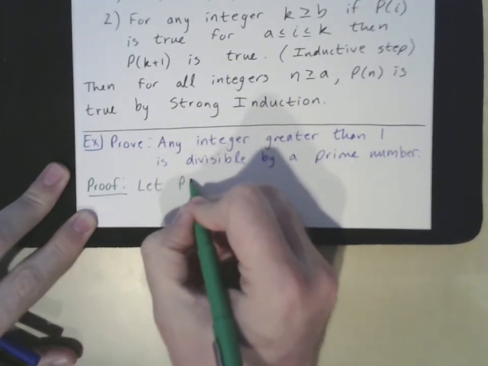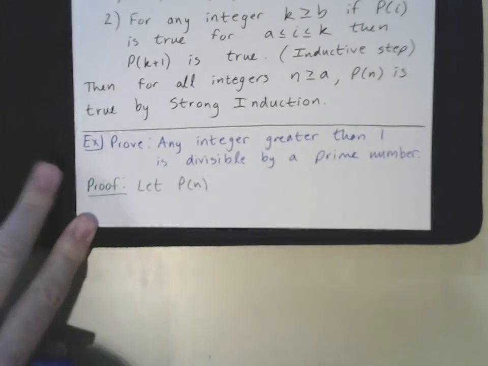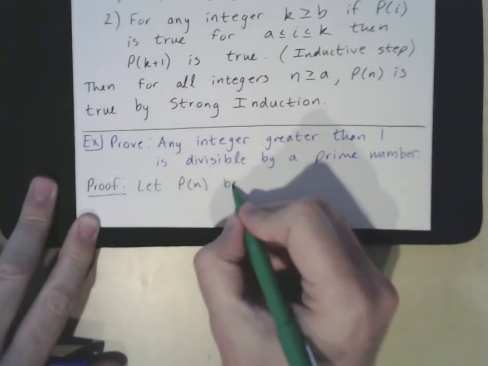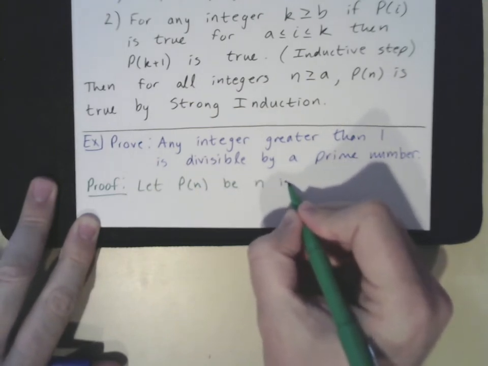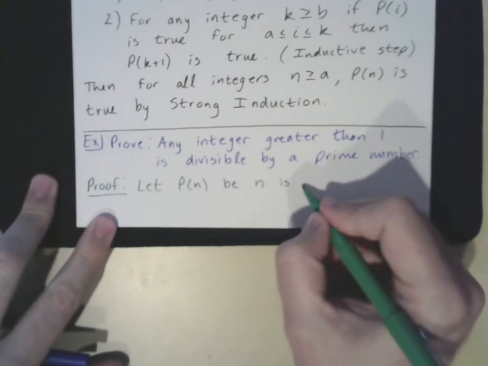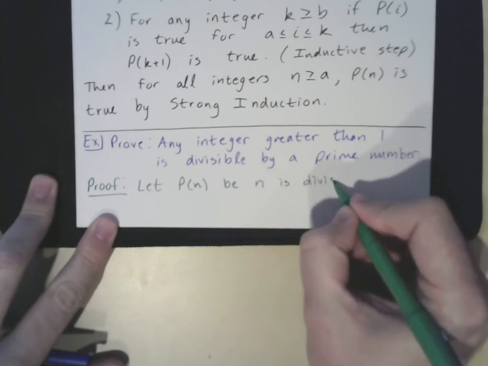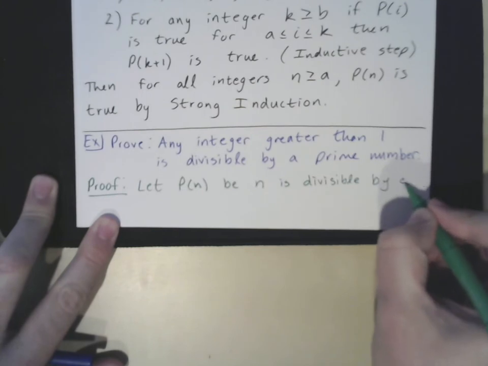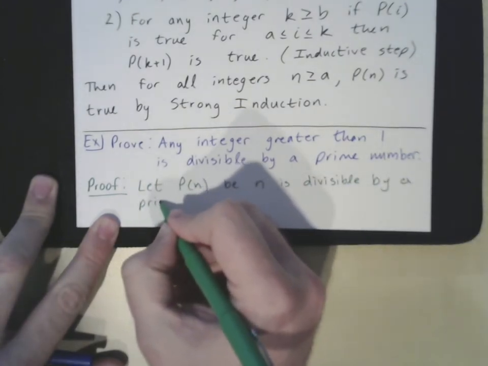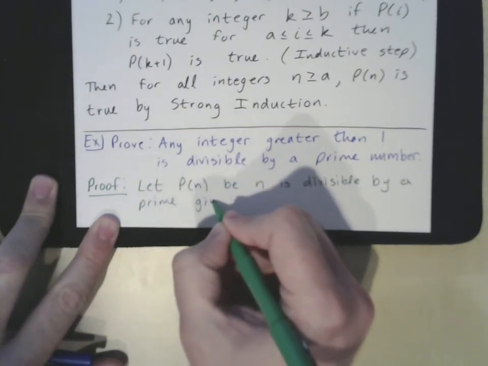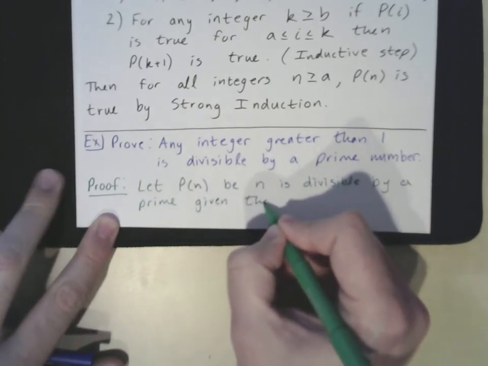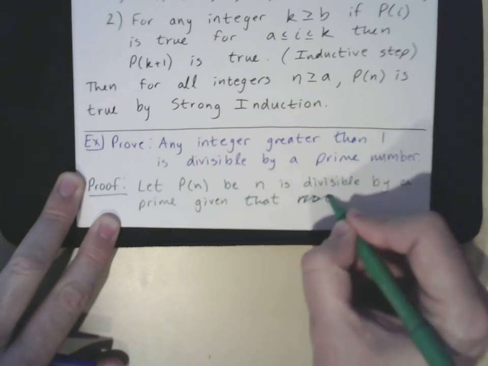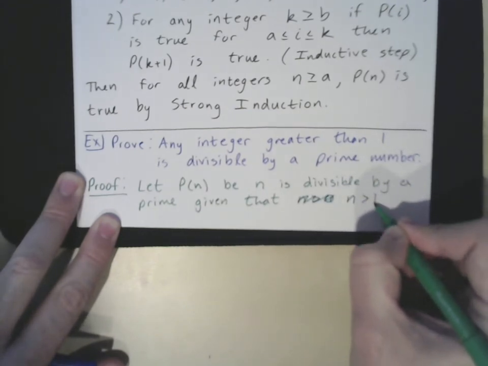So let P of n be that n is divisible by a prime, given that n is an integer greater than 1.